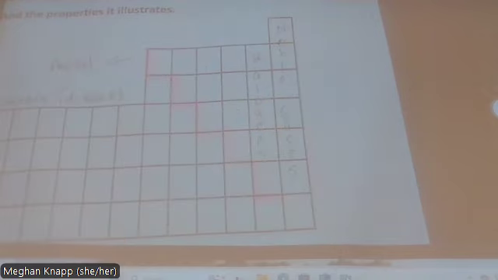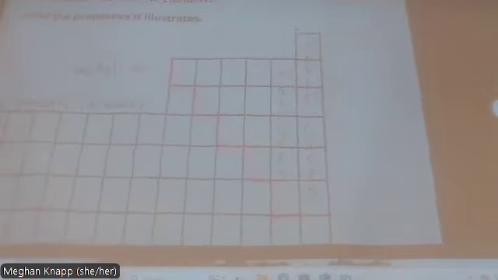Almost everything to the left of it is a metal, including the stuff at the bottom. These bottom two things down here, the purple here, down here, those are metals as well. And then everything over this way, for the most part, are non-metals.